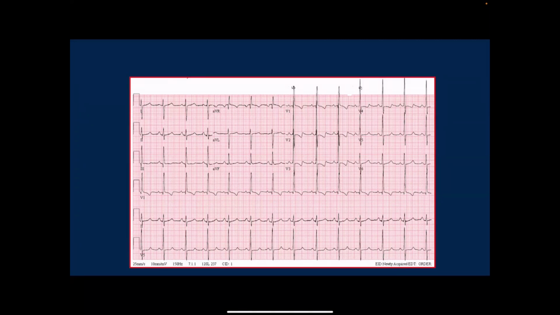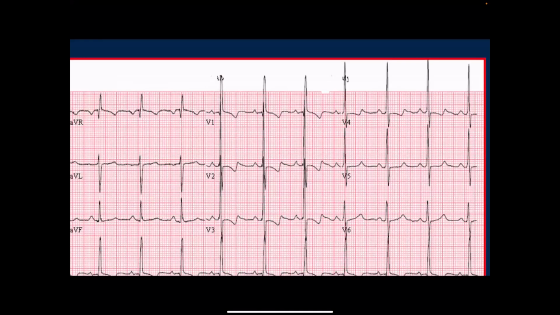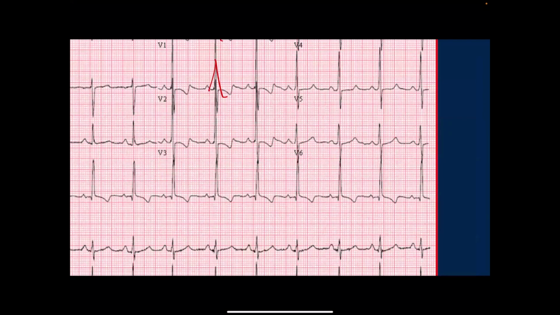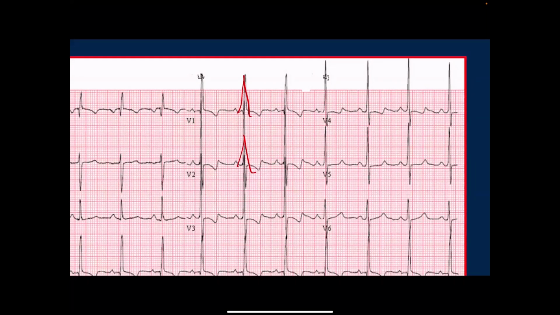Right ventricle. I mean, no, it's only one. It can't be both right and left ventricles. It's only one. And an easy way to look at this is as soon as you see they're really long in V1 and V2, even if they're also long in the others, we go with right, okay? Because look at V6, it's really short, and the S waves aren't deep in V1 and V2.